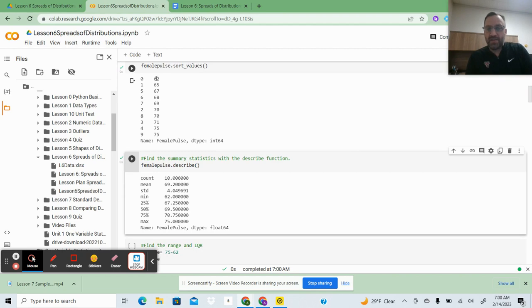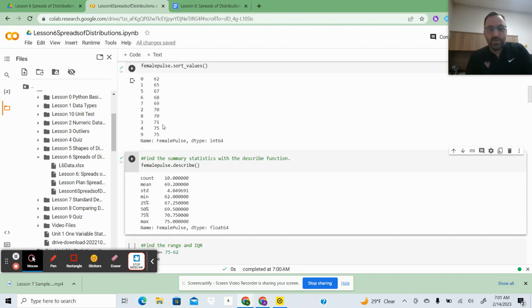So it's really easy to find the minimum and the maximum. We have 62 there and then 75. The middle value is 69.5. So if you look here, we have 1, 2, 3, 4, 5, and then this would be 6. So the median is the average between 69 and 70, which is 69.5.